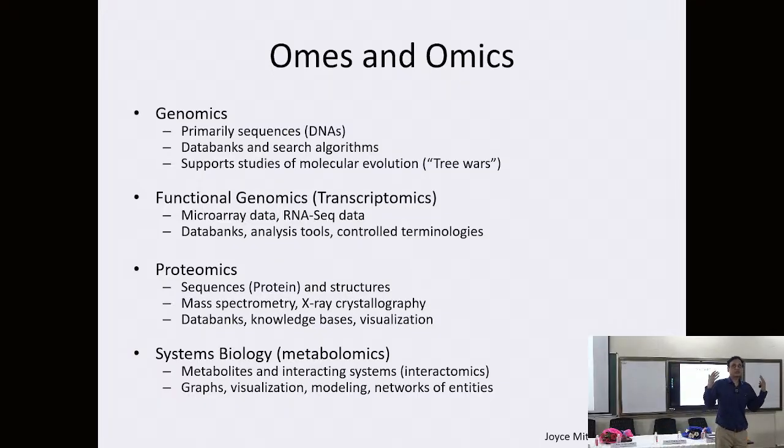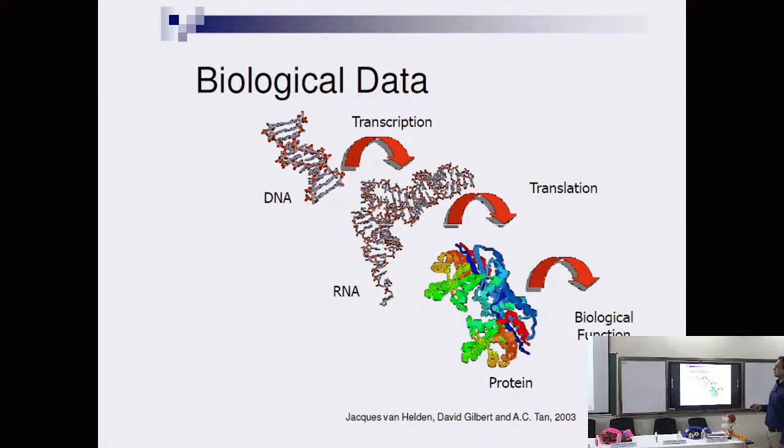Okay, so you can visualize how these molecules interact by constructing a graph. So there are tools for constructing graphs and visualizing the interactions among metabolites, modeling and networks of entities. Okay, so I think it's the same thing.